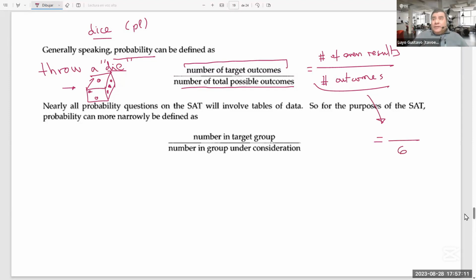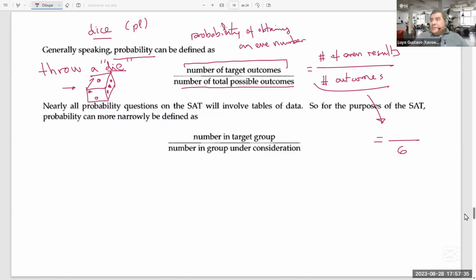But if I want to determine the probability of obtaining an even number when you throw a die, how many even results do you have on the faces of a die?